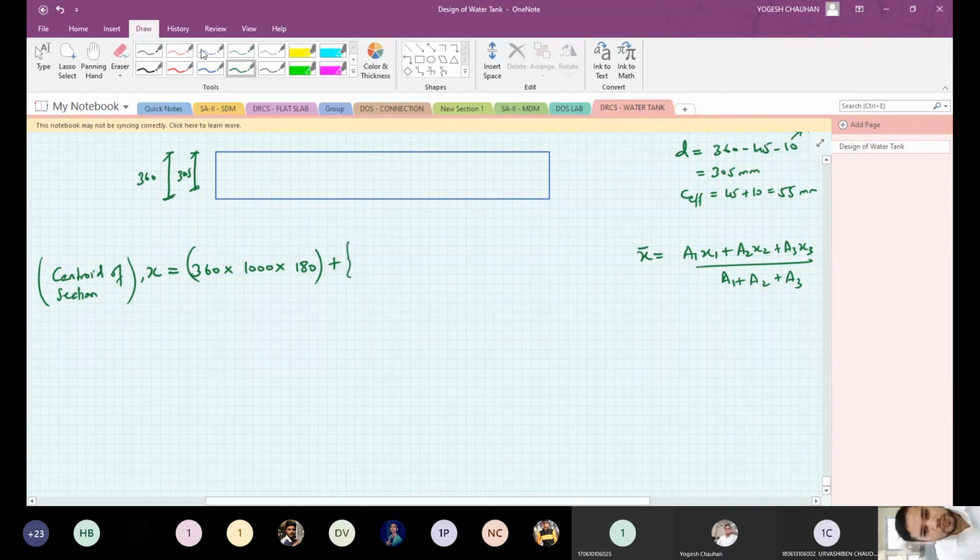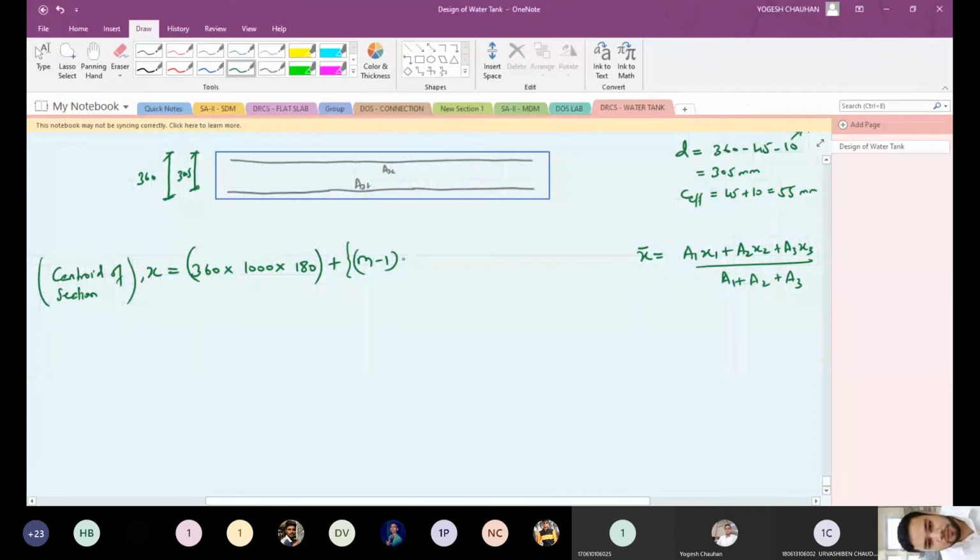Now on the tension side we have steel AST, and on the compression face we have ASC. So it will be m minus 1, modular ratio minus 1, because the entire concrete is considered here. So we have to deduct the area of the concrete occupied by the steel on the tension face.